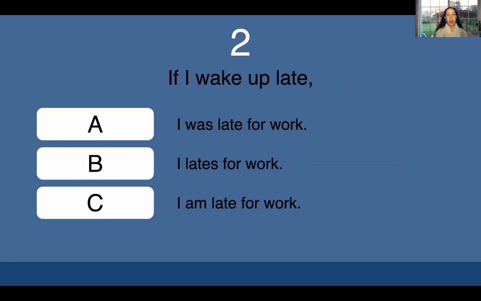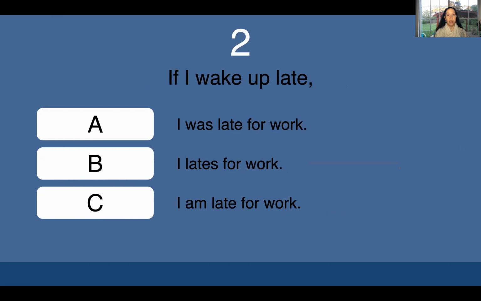If I wake up late, I was late for work, I lates for work, or I am late for work. Now, where's your verb in your if clause? This is your verb, wake up. So what's wake up?